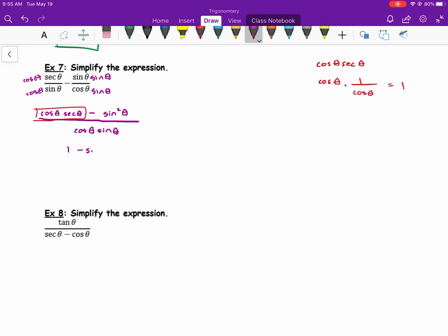Then I'm going to get 1 minus sine squared theta over cosine of theta sine of theta. Next side work, this guy right there. Now, I know my Pythagorean identities: sine squared theta plus cosine squared of theta equals 1. If I move sine to the right, it creates subtraction.